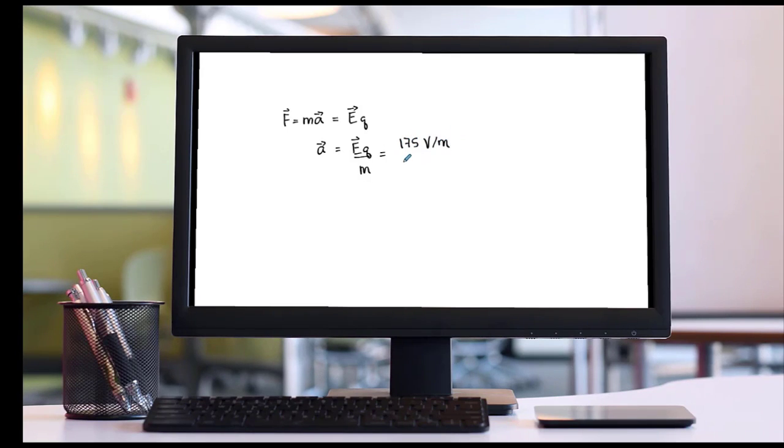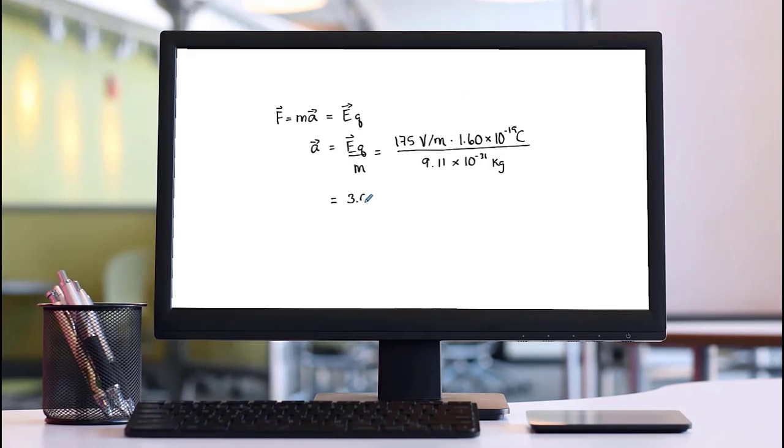We know that we have 175 volts per meter, the charge is 1.60 times 10 to the minus 19 coulombs, and that the mass is 9.11 times 10 to the minus 31 kilograms. Plugging this all into the calculator, we get 3.07354 times 10 to the 13 meters per second squared.